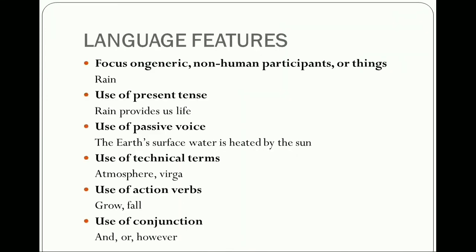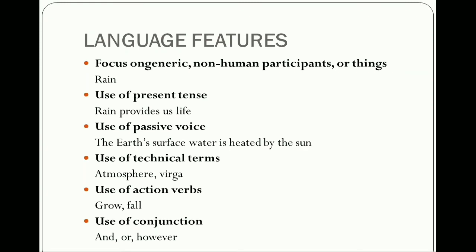How about the language features of explanation text? First, focus on generic non-human participants or things, like in the example, so focus on rain. Next, use of present tense, like rain provides us life. The third is use of passive voice.